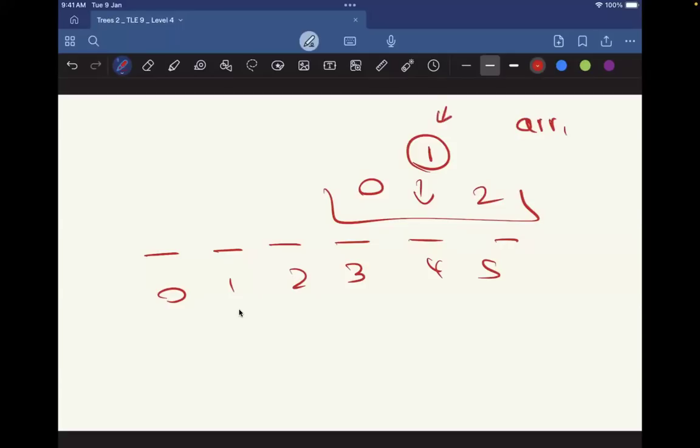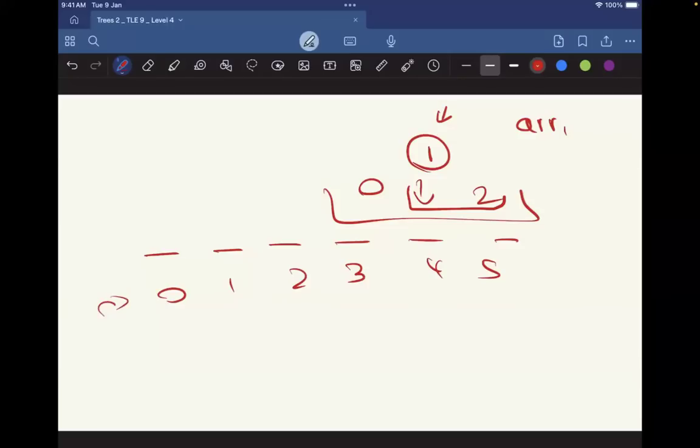So I need to find this index 1, only then I will find the sum in range 1 to 2. Yes or no, guys? Exactly.